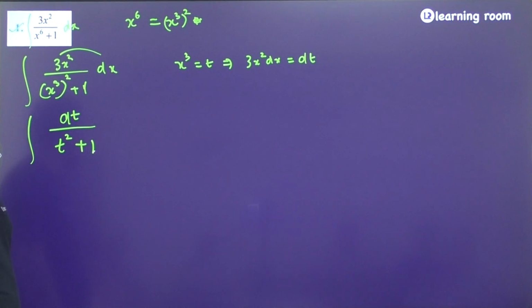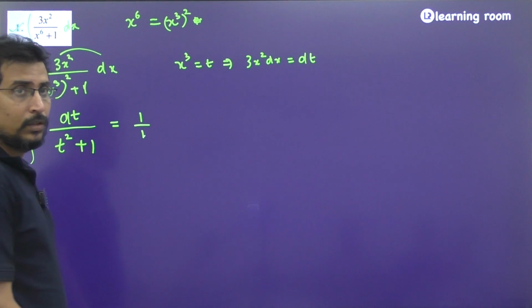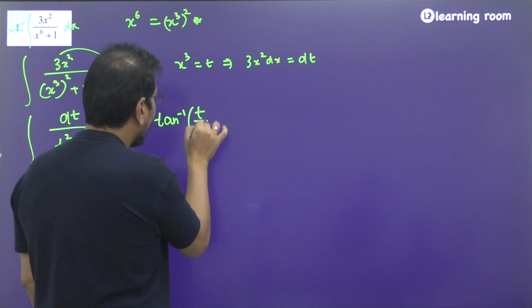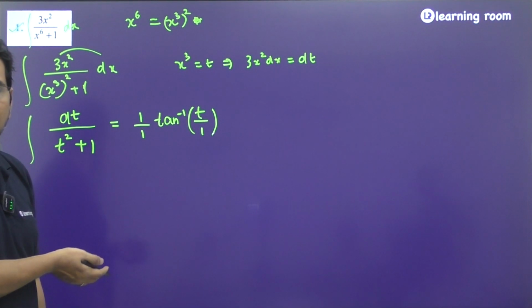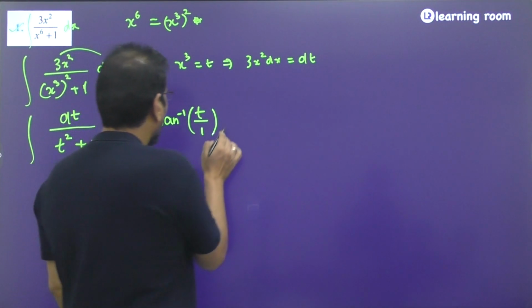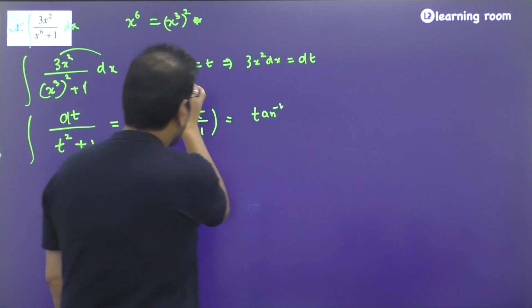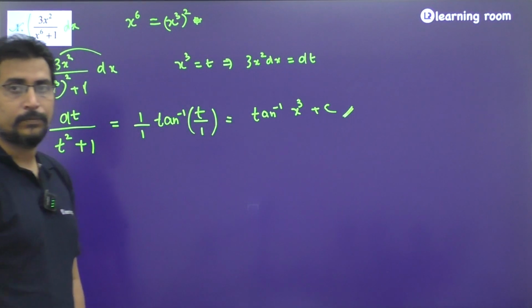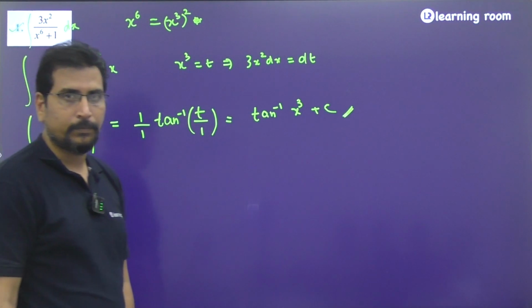Integral of 1 by a square plus x square is 1 by a tan inverse of x by a. Or to put it simple, 1 by 1 plus x square gives tan inverse of x. So it is going to be tan inverse of t, and t is x cube, plus c. This is the answer: tan inverse of x cube plus c.